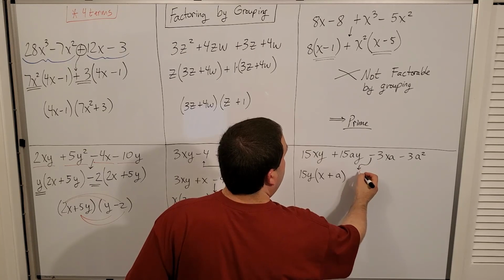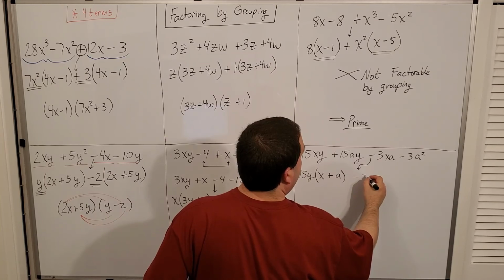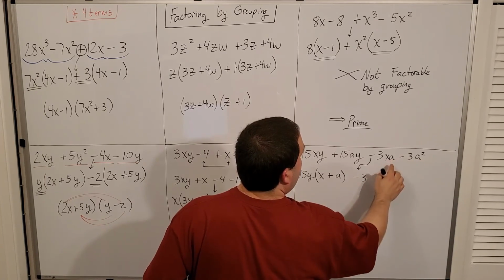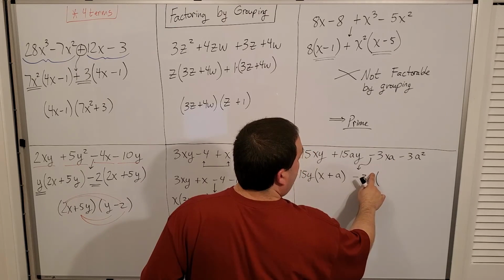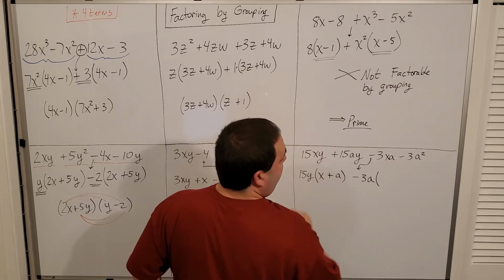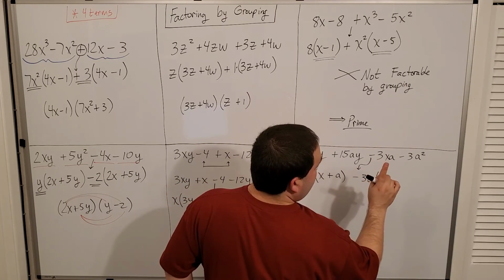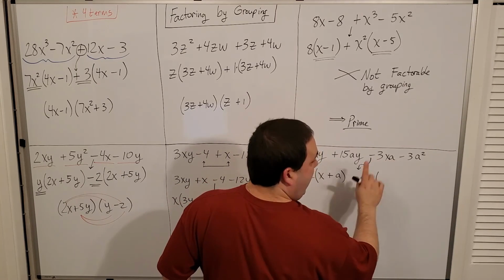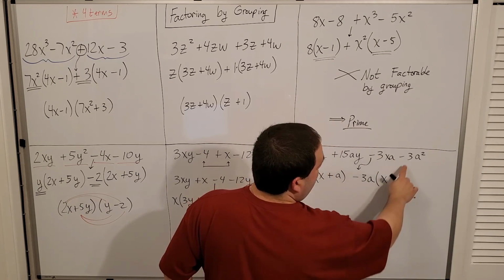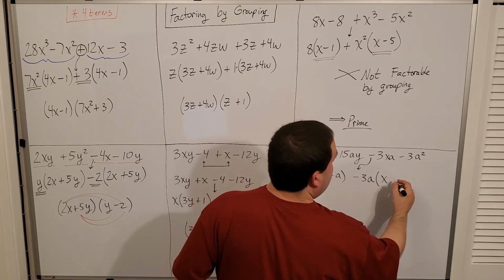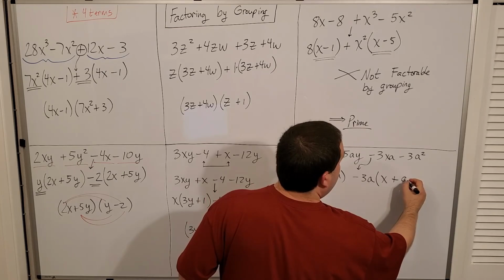Match the middle sign, negative. I notice both of these have a 3, and I notice they both have an a also. I'm picking a to the 1 because it's the lower of the two a powers. And if I take negative 3 divided by negative 3, that's 1. A divided by a is also 1. I'm left with 1x though. Negative 3 divided by negative 3 is going to be plus 1. A squared divided by a is going to give me a.